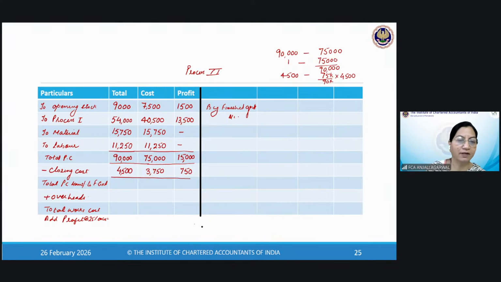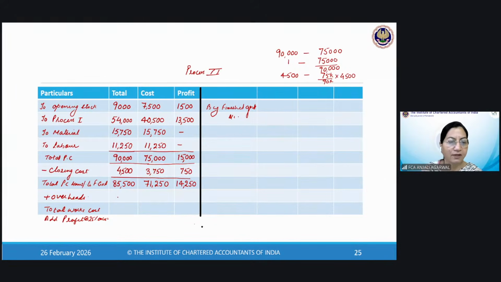When this is subtracted, the prime cost which will move to the finished stock account is 85,500, which has a cost of 71,250, in which the profit is 14,250. Constantly in between, keep checking your figures. 85,500, does it total to 71,250 plus 14,250?